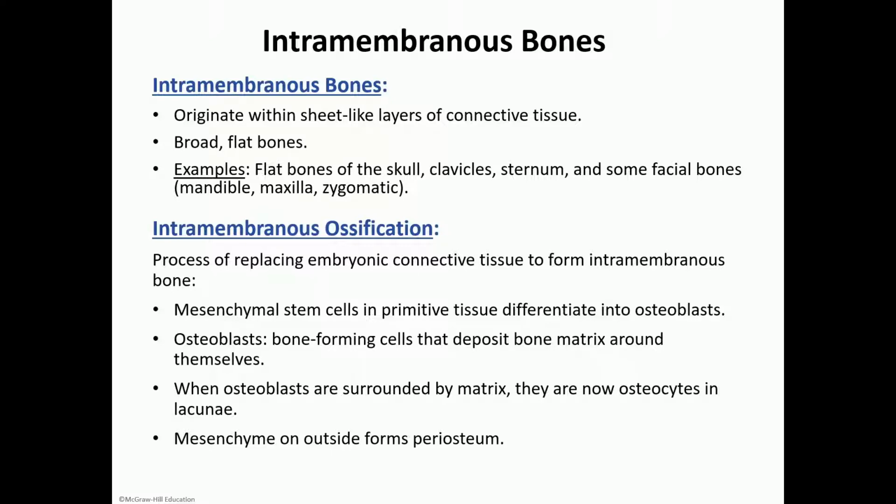When it does that, the osteoblast at that point has pretty much trapped itself in collagen and in calcium, and has now changed into an osteocyte. So the mature grown-up cell is an osteocyte, and it is now housed in the lacunae. The mesenchyme on the outside is going to make the periosteum.